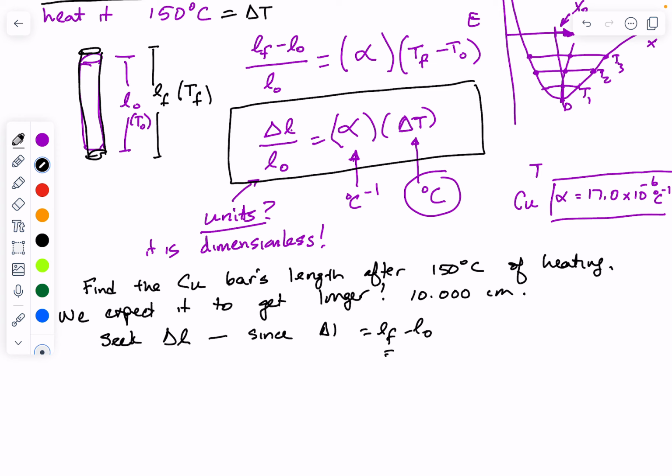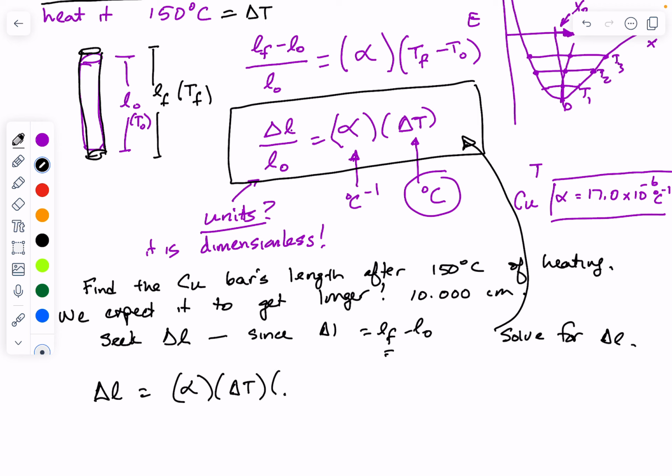So I'd like to solve this equation up here. I'd like to solve it for delta L. And we can do that by multiplying both sides of the equation by L naught. So that way we will have delta L is equal to alpha times delta T times L naught.